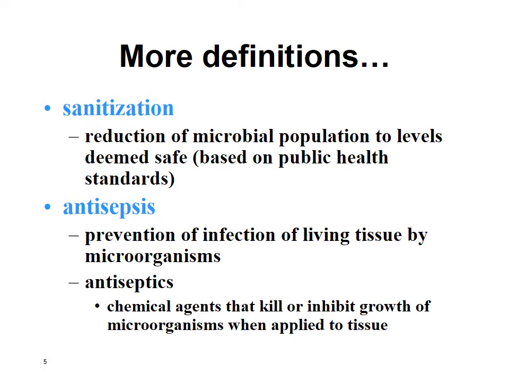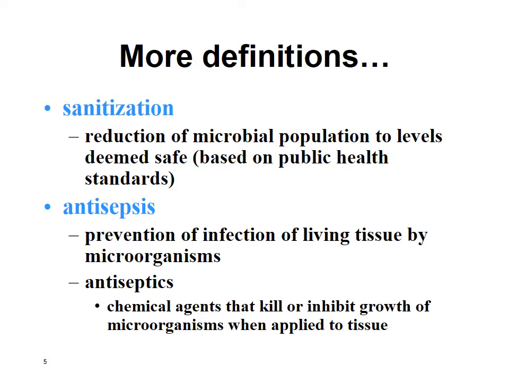Now, it's also frequently necessary to control microorganisms on or in living tissue with chemical agents. The term antisepsis, which comes from the Greek meaning against putrefaction, is the prevention of infection or sepsis and is accomplished with antiseptics.